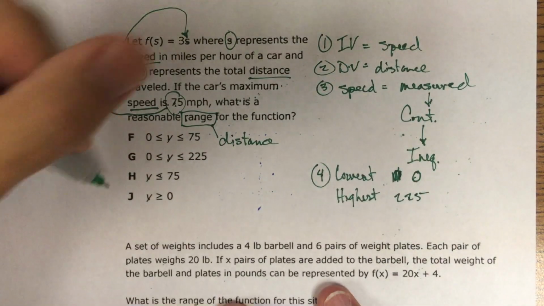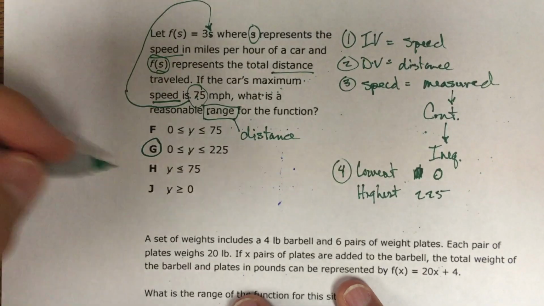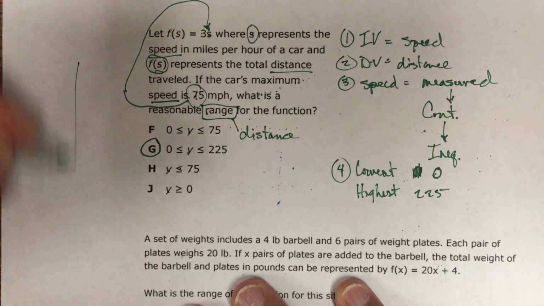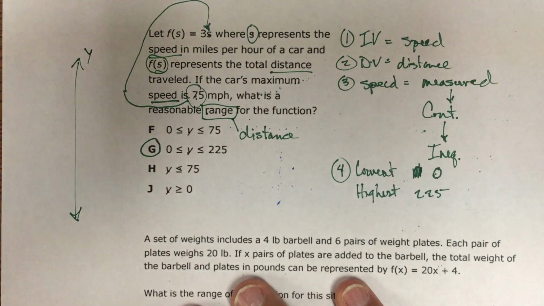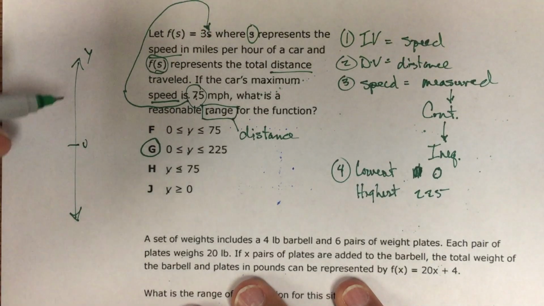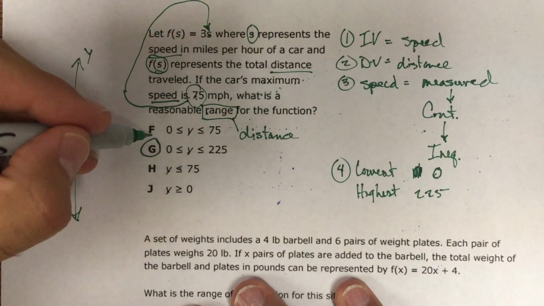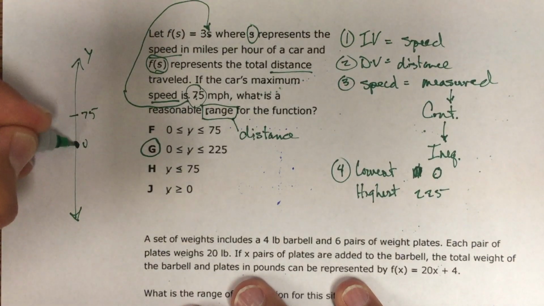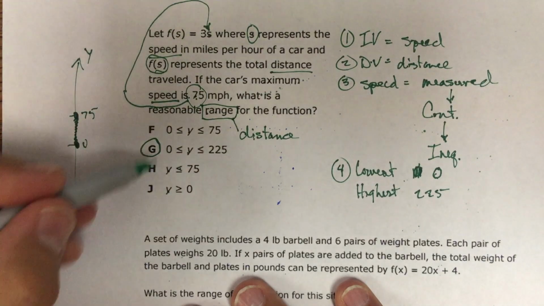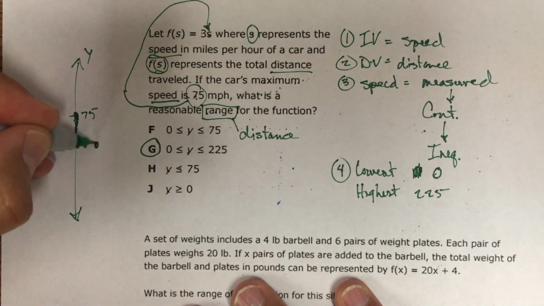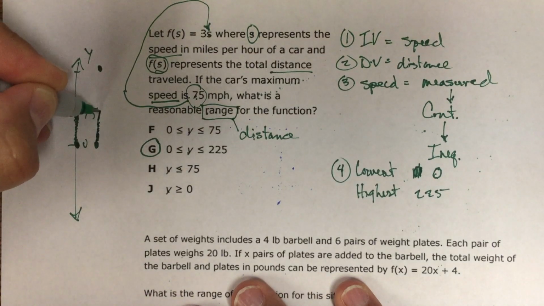I have 0 and 225. G is my answer. If I were to look at these on a y-axis, and this is 0, and let's say this is 75 right here, then F represents a solid dot and everything in between. G represents 0, and then 225 is way up here, and everything in between.